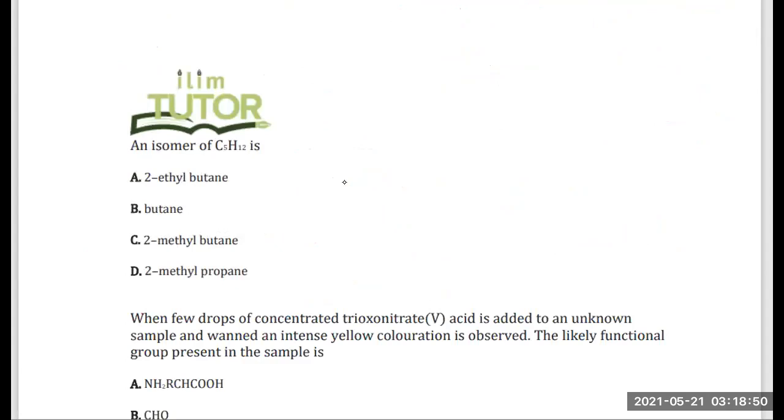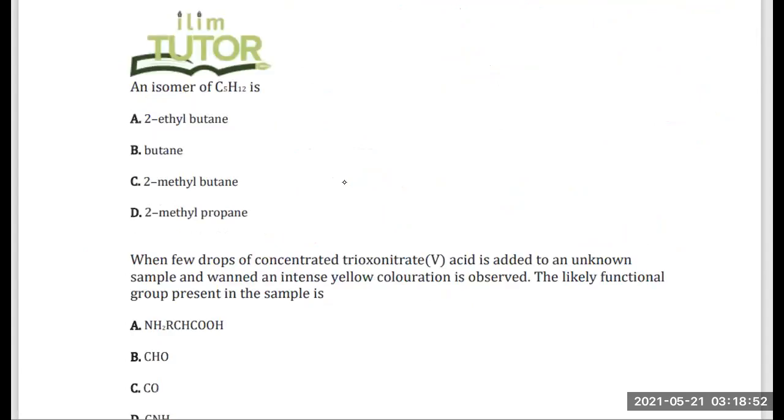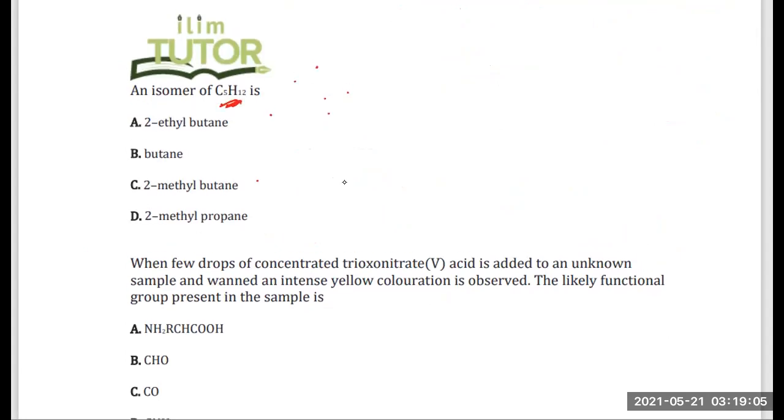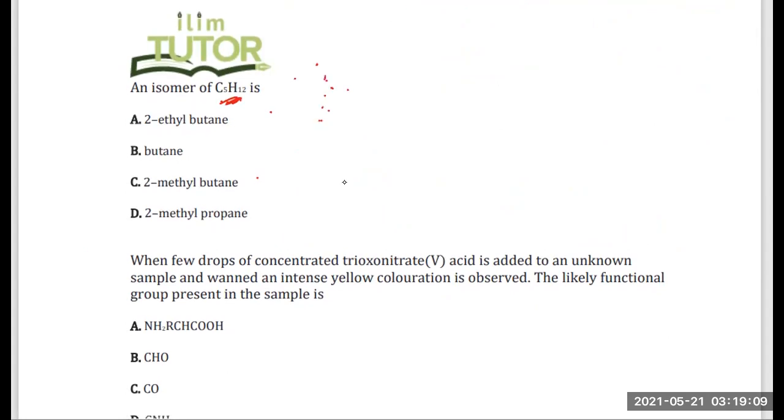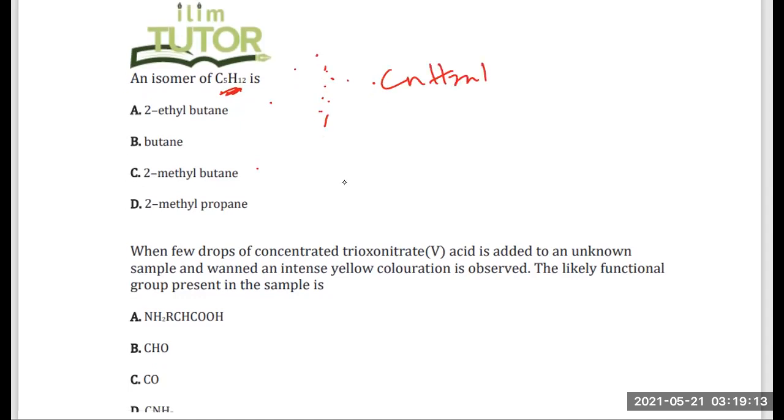Which one is an isomer of C5H12? Let's look at C5H12. Basically, this corresponds to the general formula CnH2n+2, so this is an alkane.